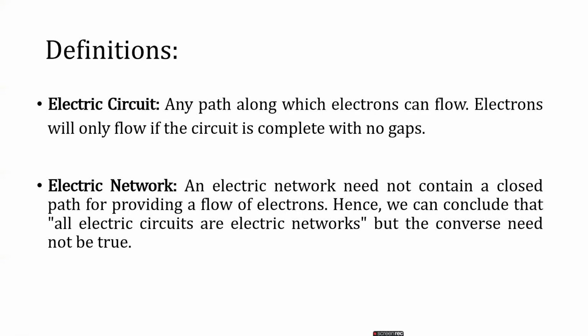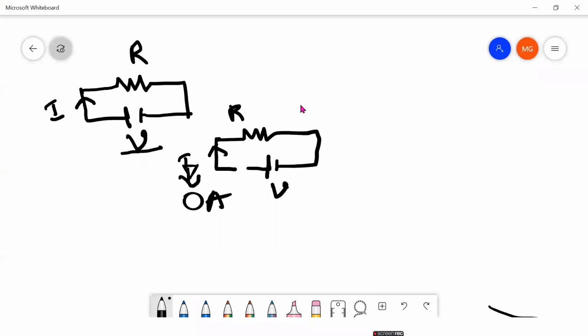All right. So here it is a circuit. Here the condition is that a gap is available, so there is no path for the flow of the electrons. So it is not a circuit, but it is a network. That is the difference between circuit and network. Network means there may be a complete path or no complete path for the flow of the electrons.